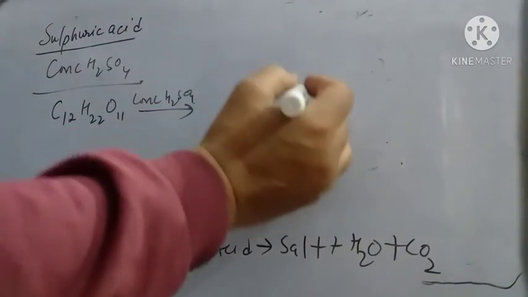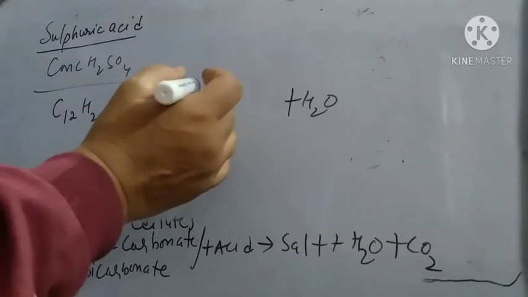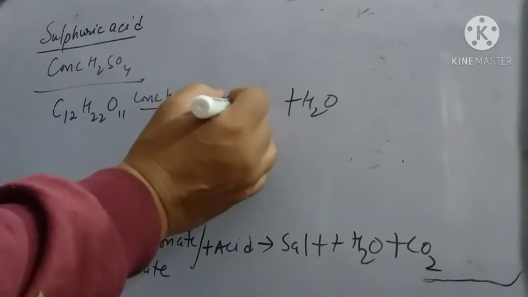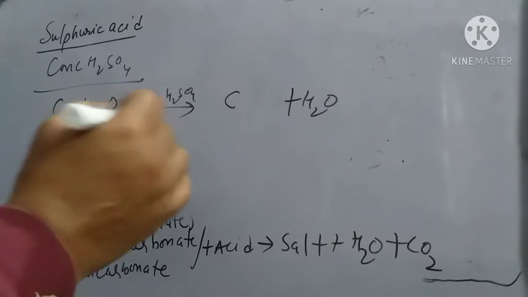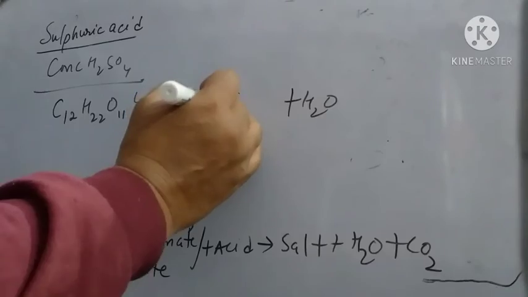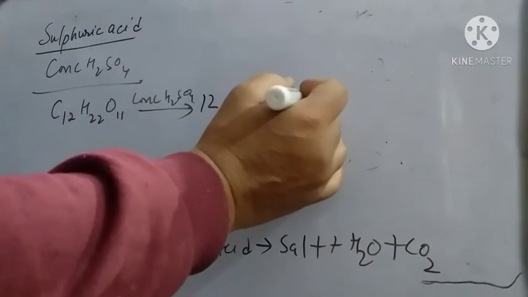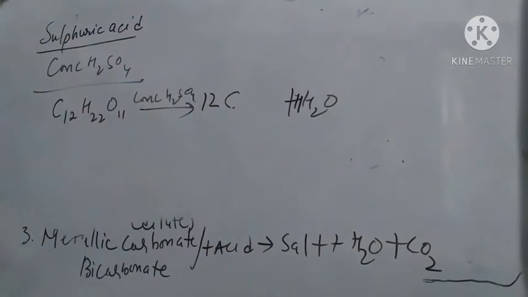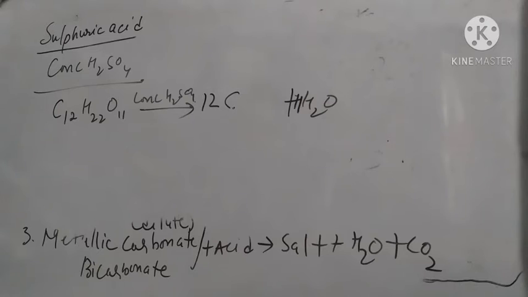So we will see here that only carbon is left, and after balancing the equation, 12 carbon atoms, and 11 water molecules along with the 12 carbon atoms.